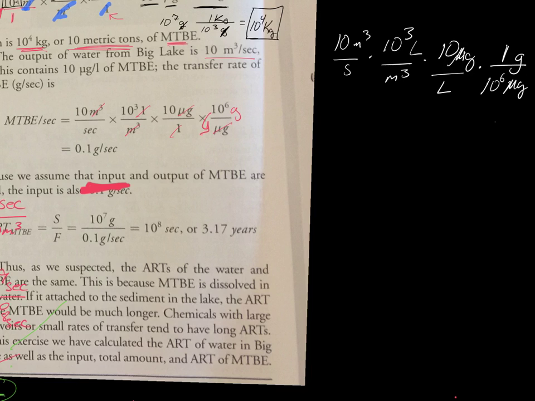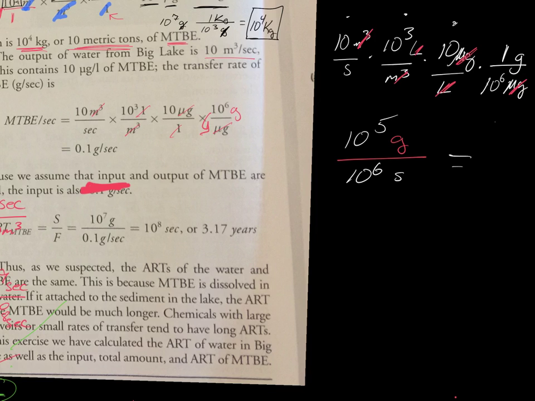So if I add the exponents of 10, which is 10 to the first, plus 3, plus 1, that's 10 to the 5th power. The liters had already canceled out, the meters cubed have canceled out, and the micrograms are canceled out. So it's 10 to the 5th grams divided by 10 to the 6th seconds.